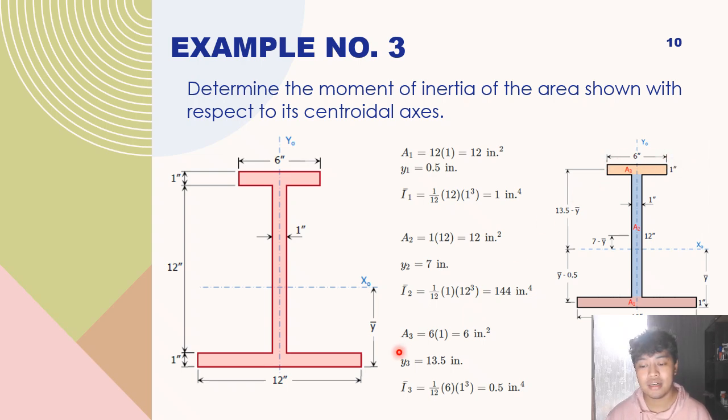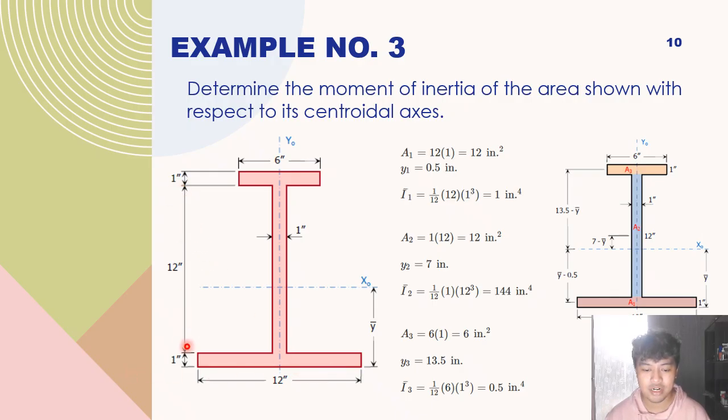So with that, we have here the area of area 3: 6 inches base times height 1 inch, so that is a total of 6 square inches. And then the distance of the centroid of the third shape, or area 3, towards the bottom of the whole thing.